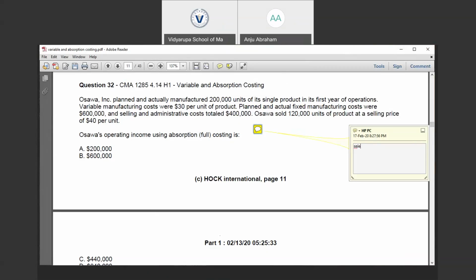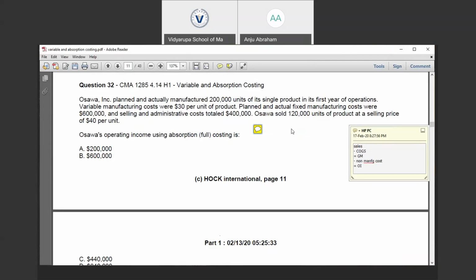So what would be the operating income under absorption costing? Sales less cost of goods sold gives us gross margin. From that we need to subtract other non-manufacturing costs, and we get operating income.